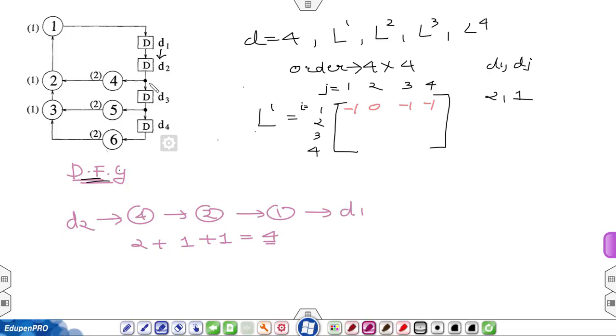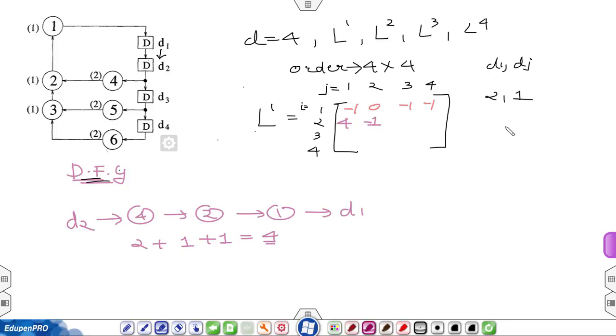There is one, but it has delay elements D3 and D4, and we don't have to include any of these delay elements. So 2 comma 1 is 4.